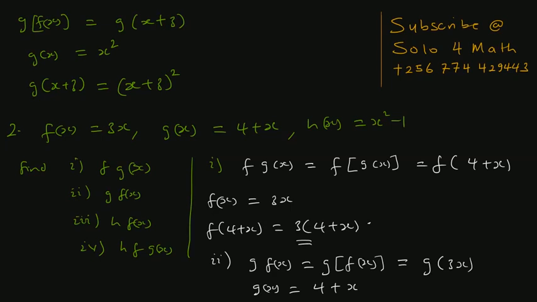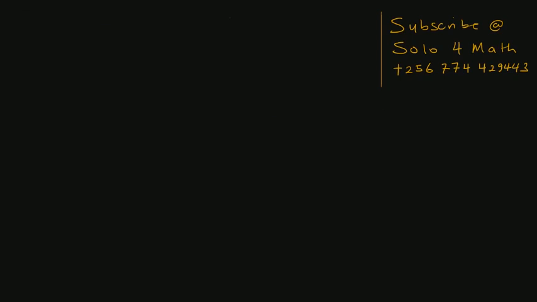So meaning that our g of f(x) is equal to 4 plus, the position of x we said is taken up by the 3x. Okay, so we end up with that.